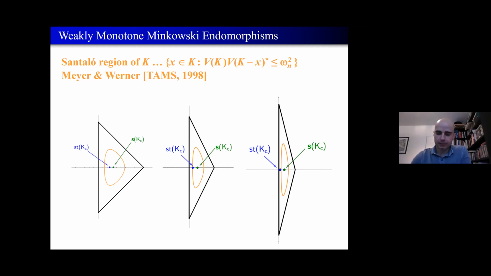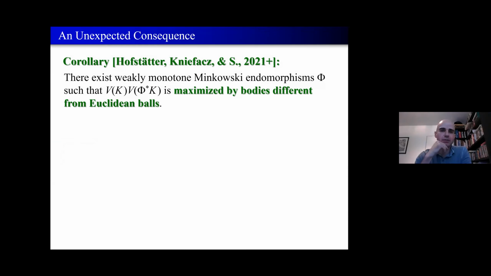And not just because there is one example which has unbounded volume product, but there's another unexpected consequence of the existence of this unbounded example, namely that there exist lots and lots, as we will see in a minute, of weakly monotone Minkowski endomorphisms for which this volume product is maximized by bodies which are different from Euclidean balls.